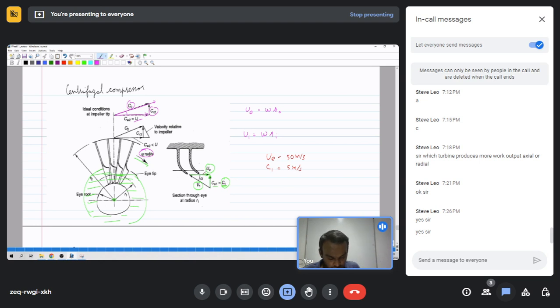So now C2 will also have a radial component and then a whirl component. So this whirl component is CW2, right? And here it is taken CW2 is U, but here they say CW2 is less than U because of the slip. So that is how you define slip. I think it's the slip factor.